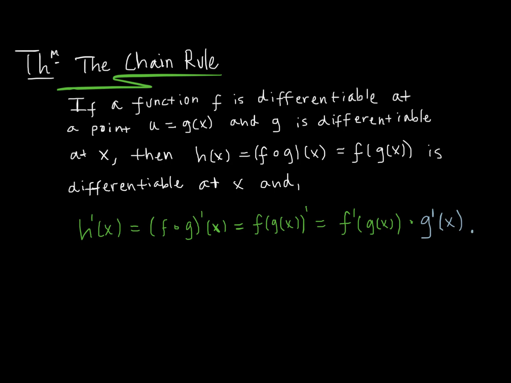And so these are just alternate forms of writing the same thing. The derivative of this composition is given by the derivative of f with respect to g, meaning the derivative of the outside, times the derivative of g with respect to x. So I think of this as the outside function, and I think of g of x as being the inside function.